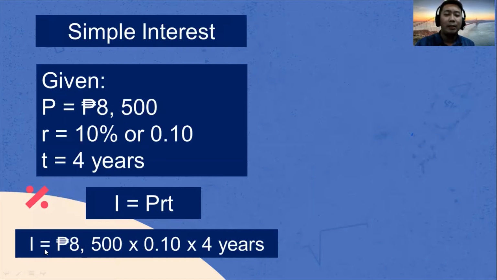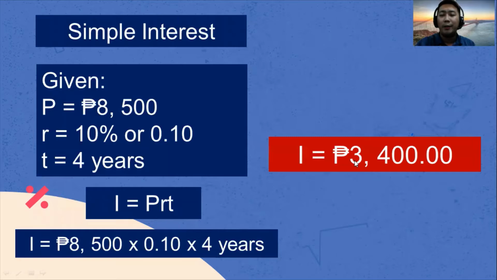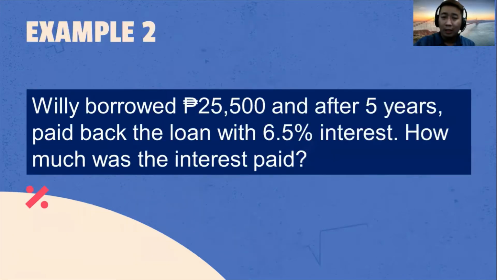That is interest is equal to 8,500, which is the principal amount, rate of interest of 0.10 multiplied by 4 years or the time. 8,500 multiplied by 0.10 times 4 years, that is 3,400 pesos. The amount of interest of the given problem is 3,400 pesos. As simple as that. Let's now try to have another example.